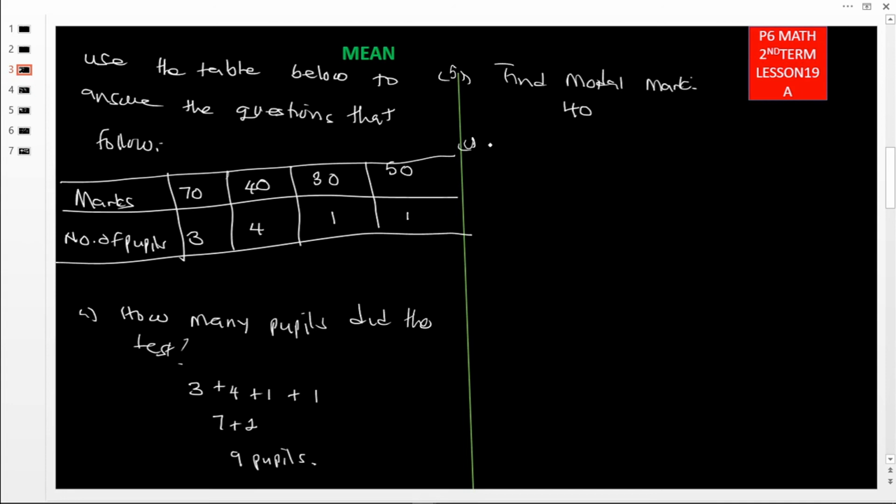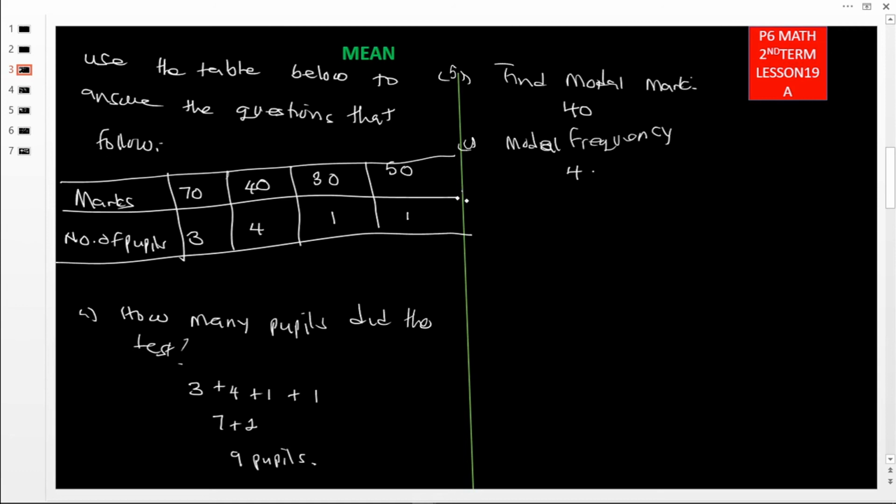Then Roman 2, modal frequency. So what is the modal frequency? How many times did the 40 appear? It appeared 4 times. So 4 becomes the modal frequency there.